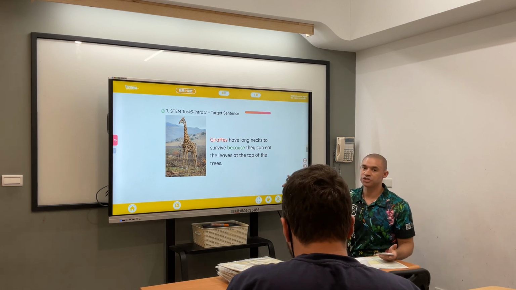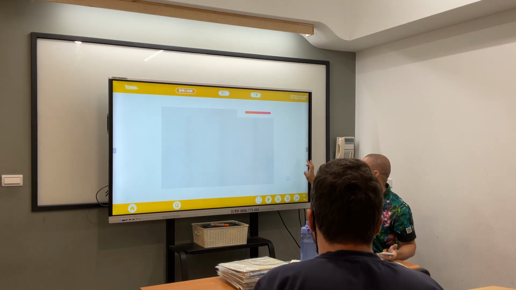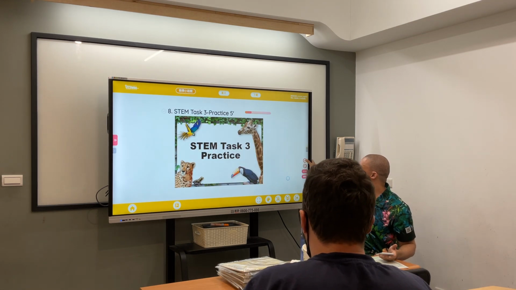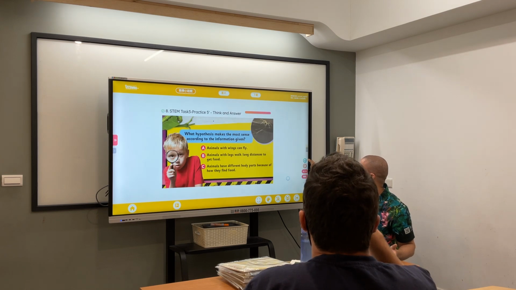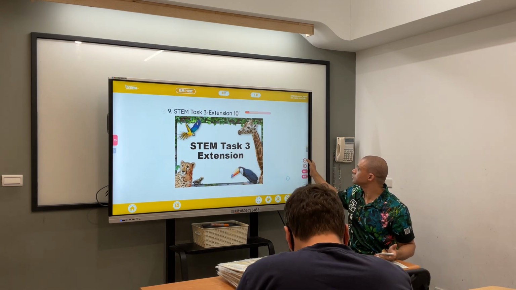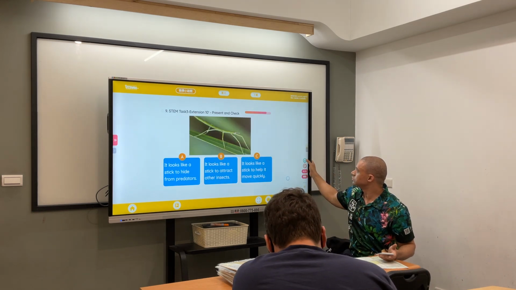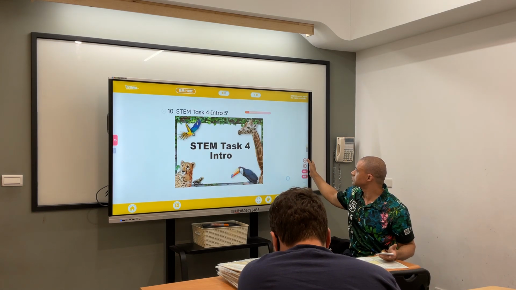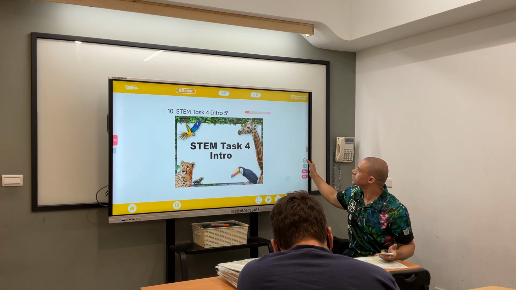Which one did you choose? Inferring about habitats. So this is the next one, right? It's the next one, yeah. Is it this one?